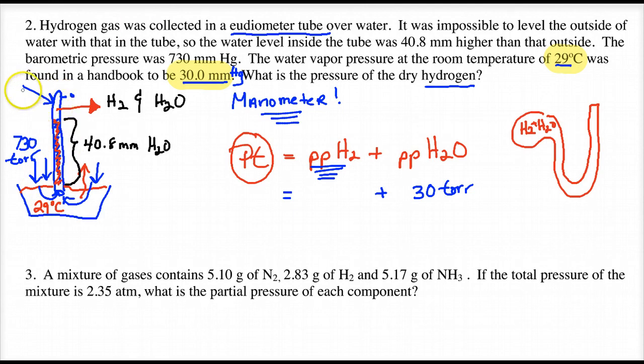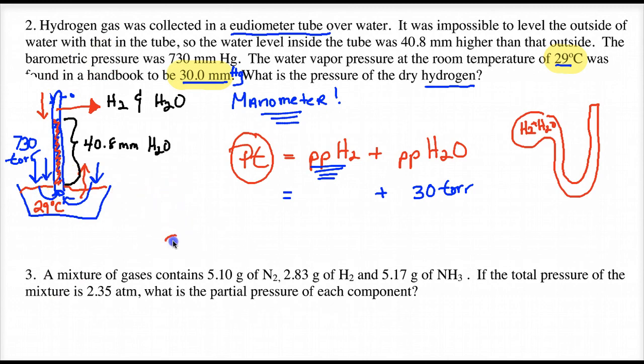If we get rid of this arrow, you'll see that the competing forces are the hydrogen and water pushing down. Atmospheric pressure, I know it looks like it's pushing down too, but it's actually pushing the liquid up.